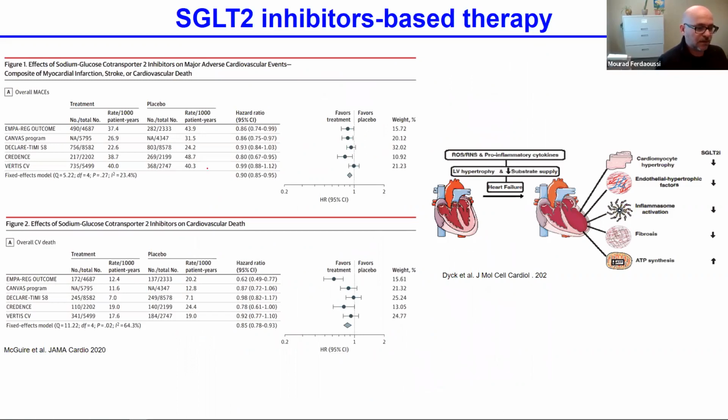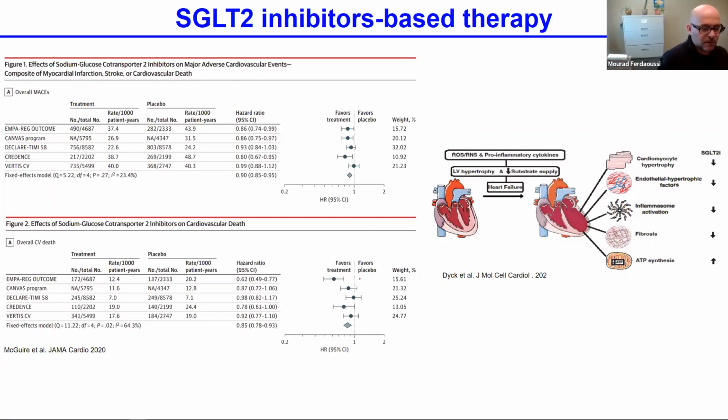So here are different clinical trials showing that the use of the sodium glucose transporter inhibitors, or SGLT2 inhibitors, improves the cardiovascular outcomes at different levels. We see here the improvement of the cardiovascular outcomes, and also a reduction in cardiac death and hospitalization after the treatment of the cardiovascular disease.